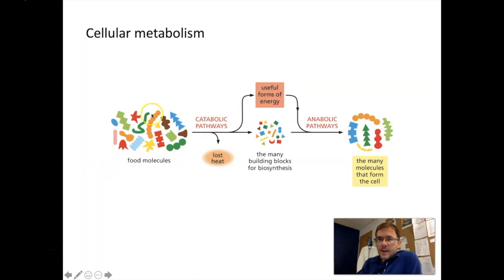Okay, so we have food sources, which are important for building blocks, so cells can make the things that they need. We have food molecules that can be broken down because in that process, energy is released and can be converted into useful forms of energy, like the synthesis of ATP, which can be used to drive biochemical reactions.